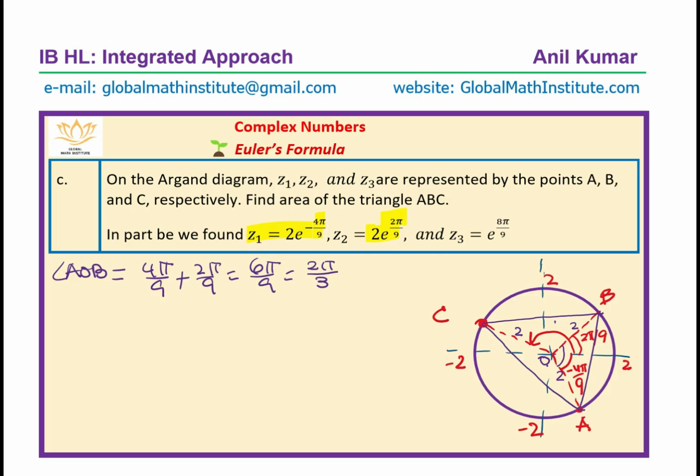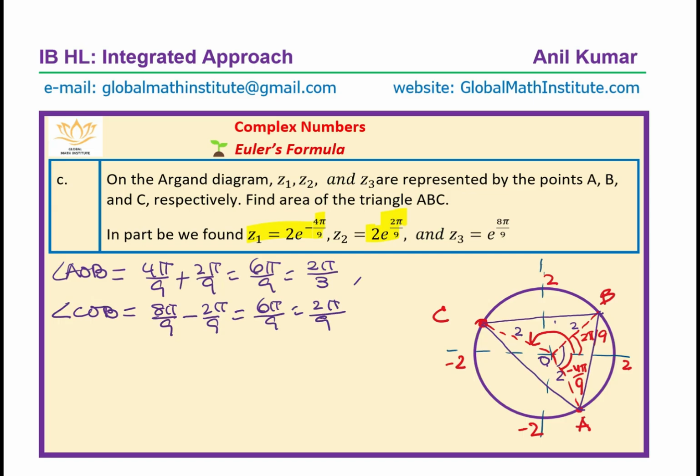Similarly, in the other cases, the angle COB is 8 pi by 9 minus 2 pi by 9, which is again 6 pi by 9 or 2 pi by 3.